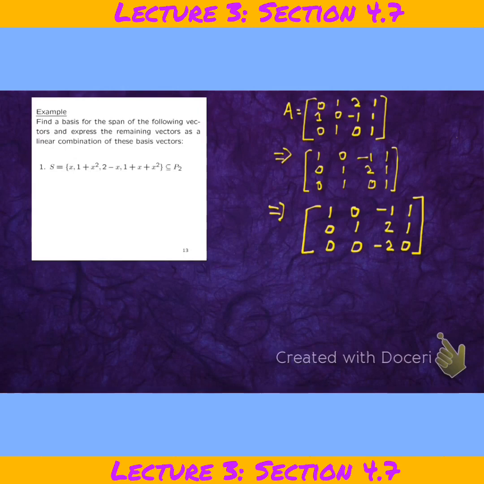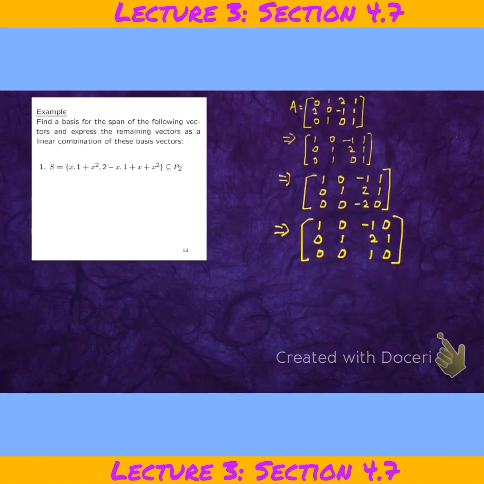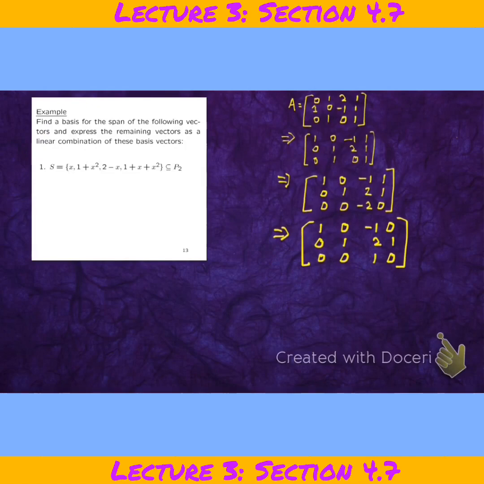Then taking the last row and creating a leading one by multiplying through with -1/2, we get this, and then going further than that, we get this. Okay, so now upon investigating the final matrix, we look at the columns that contain the leading ones.